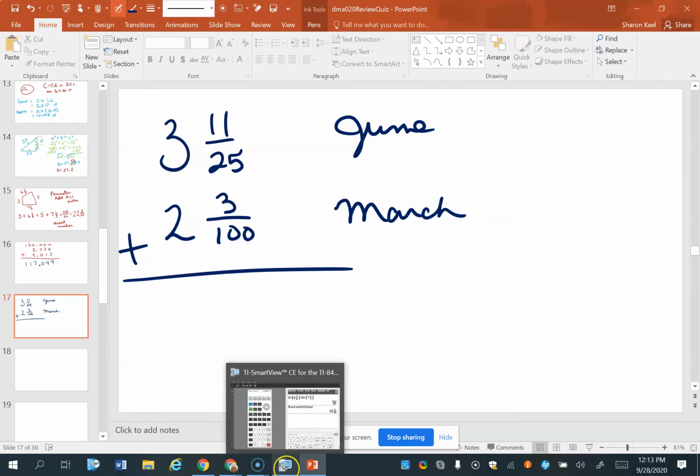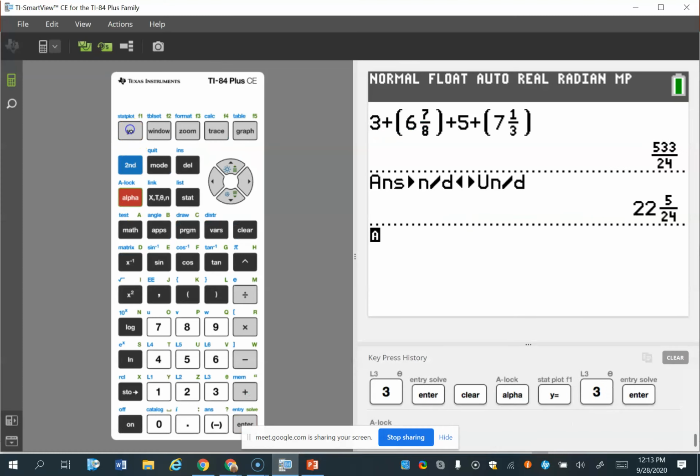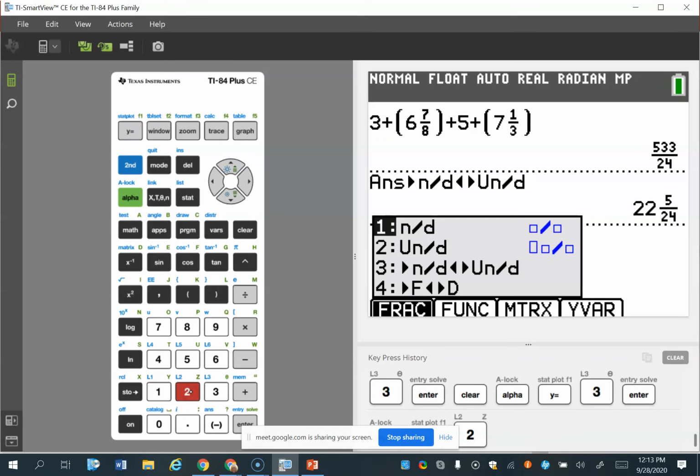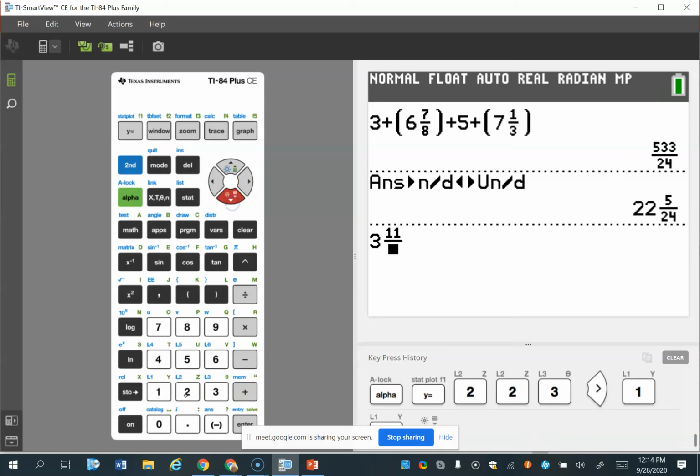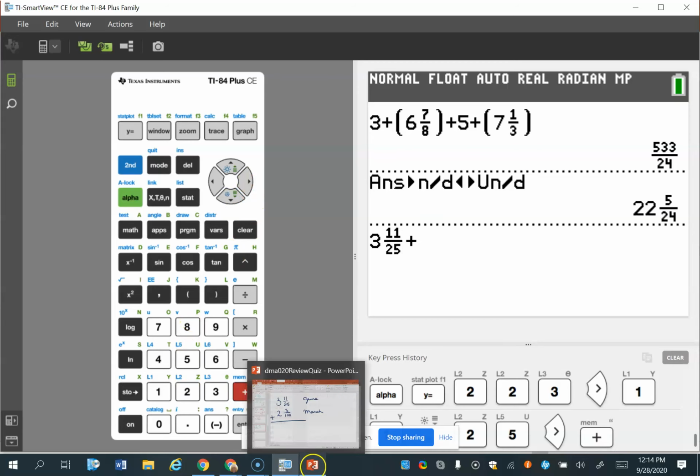And calculator on this, okay? So we have 3 and 11/25 plus 2 and 3/100.